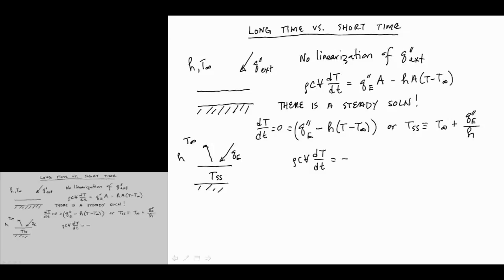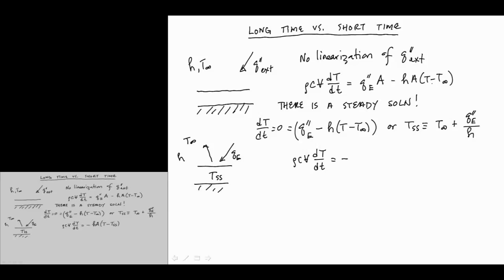So T steady state is, again, T infinity minus Q double prime over H. Good. So we see it's minus H A (T minus T SS). Let's verify that. It's H (T minus T infinity) is pretty clear. Minus H A times Q_E over H is going to give us Q_E times A with a positive sign, which is what we have there.